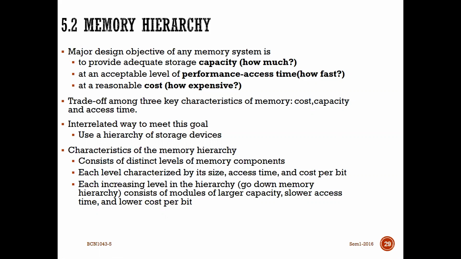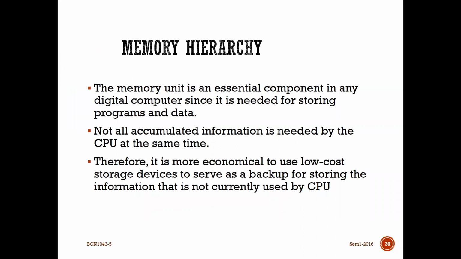Each increasing level in the memory hierarchy consists of modules of larger capacity, slower access time, and lower cost per bit. Not all accumulated information is needed by the CPU at the same time. Therefore, it is more economical to use a low-cost storage device to serve as a backup for storing the information that is not currently used by the CPU.